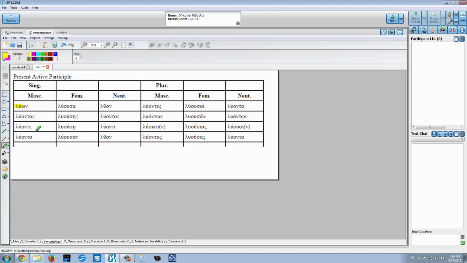You see the present stem in all three genders, and then you see the adjective ending -on, -ousa, -on, and the genitive singular -ontos, -ouses, -ontos. See that stem there in the genitive case, exactly what you want to see. And you see from then on, masculine and neuter are third declension after the stem. Feminine, first declension. See it?